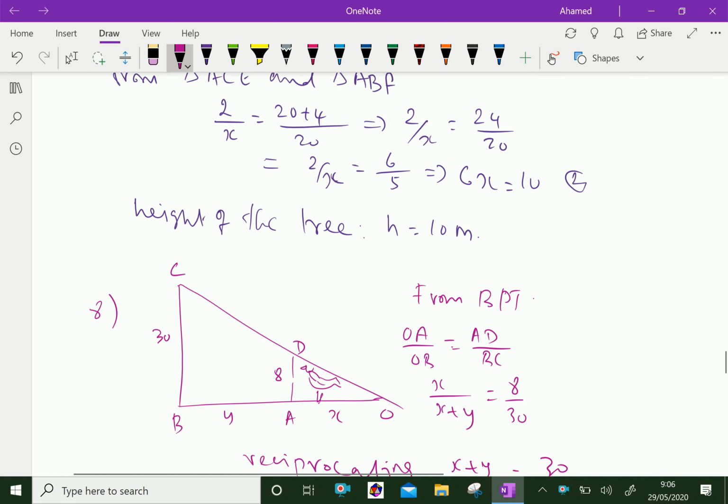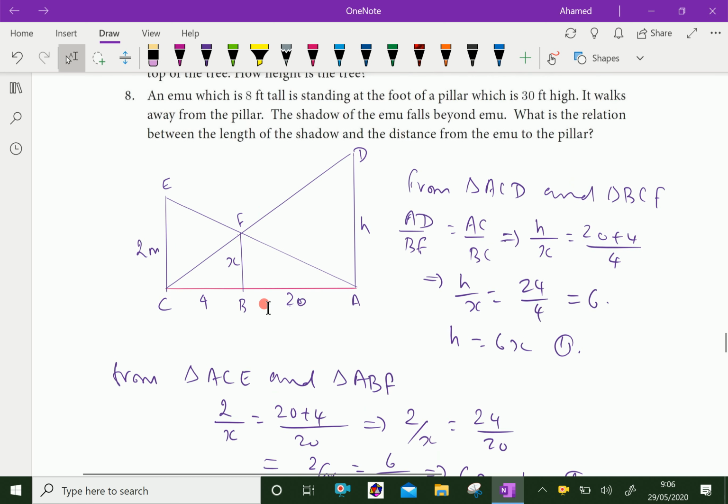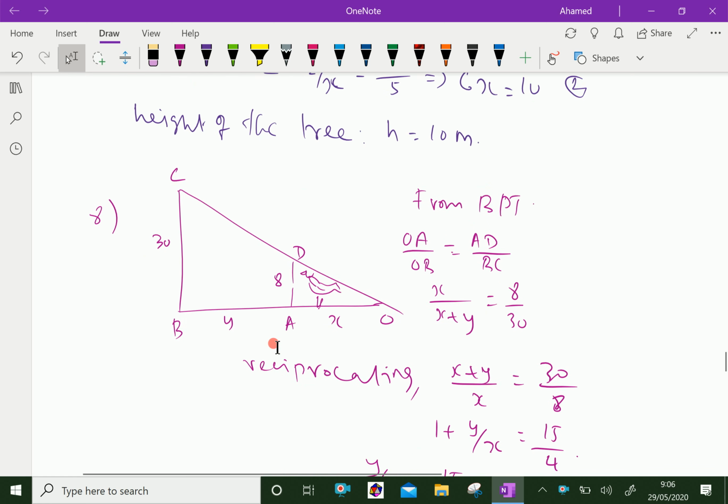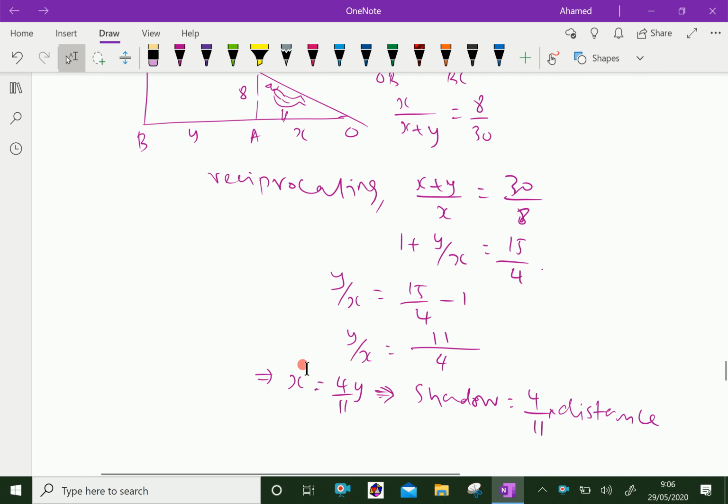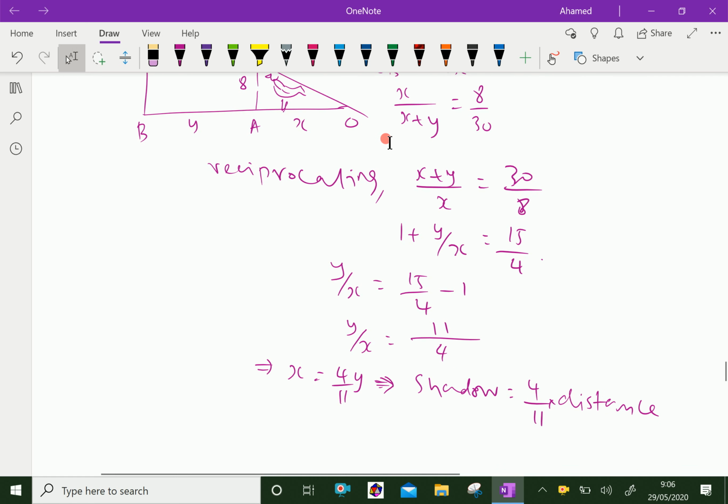We have to prove the relation between the shadow and the distance from the emu to the pillar. The distance from the emu to the pillar is y. So the relation is the length of shadow of the emu, that is x, is 4 over 11th of the distance between pillar and emu.